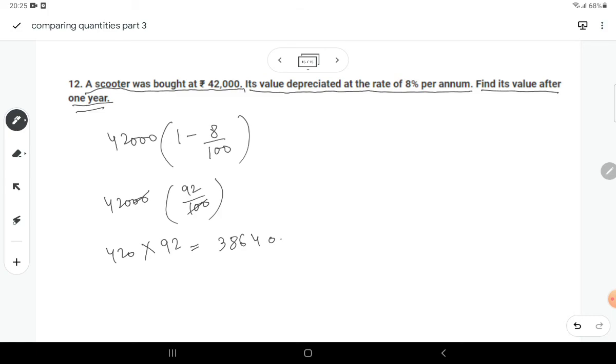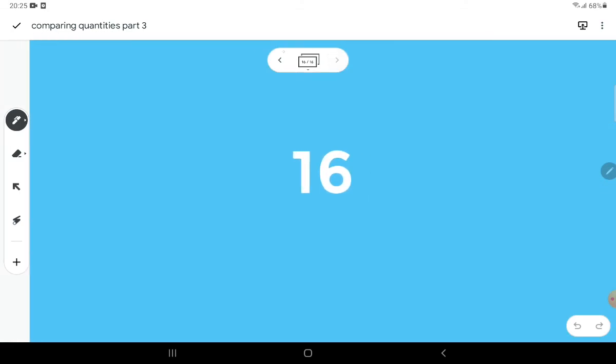The only difference would be in place of 1 plus r upon 100 raised to power n, there would be 1 minus r upon 100 raised to power n. Rest formula would be same. So let's solve it. So 42,000 into 1 minus 8 upon 100 raised to power 1, as there is 1 year. So on solving this, we get the value as 38640.